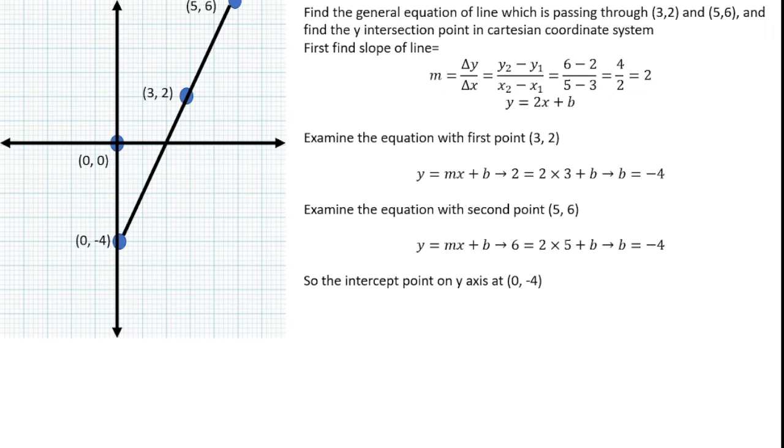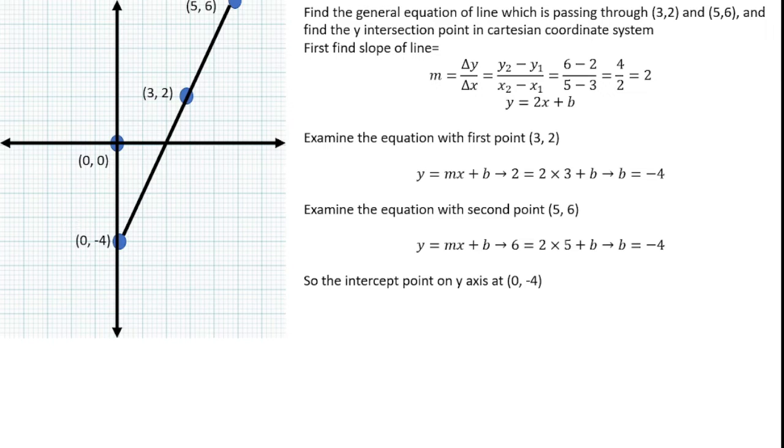First, find the slope of the line. The formula is m is equal to delta y by delta x, which is y2 minus y1 divided by x2 minus x1. Here there are 2 points available, 3, 2 and 5, 6.